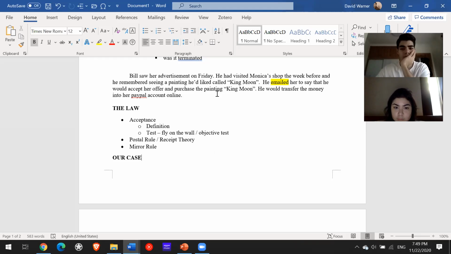Well, I think at that moment when he emailed her, he saw her advertisement on Friday, so he remembered the painting. He knows he likes it. If a fly could see him answer the email, what would the fly say? Has he accepted? He will accept it. So it looks like, according to the fly on the wall test, it is a good acceptance.